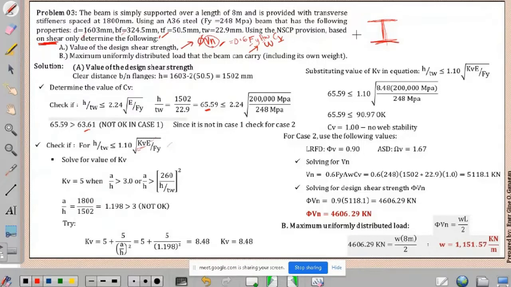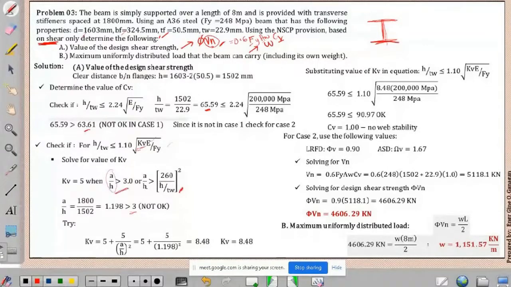Condition for KV. Okay? First, we check if our A over H is greater than 3.0, or greater than this equation. When we checked, our A over H is 1.198, which is not greater than 3.